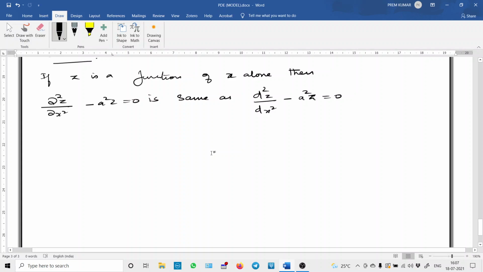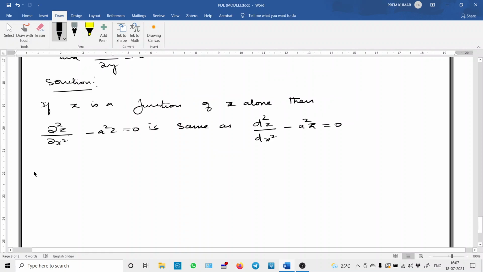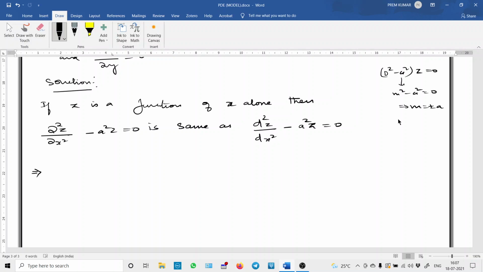Which implies, for this kind of ordinary differential equation, this is of the type (D² − a²)z = 0. So what is the auxiliary equation? m² − a² = 0, which implies m = ±a. So the complementary function, which is the solution, is z = A e^(ax) + B e^(−ax).